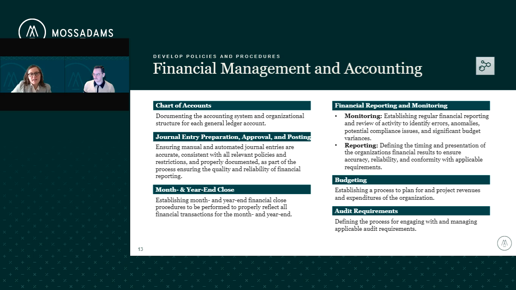First, focusing on financial management and accounting policies and procedures, broken up into subsections, different areas that you can review to ensure that you are fully covered. Some of the big ones that you will want to ensure that you have are around month and year-end close.